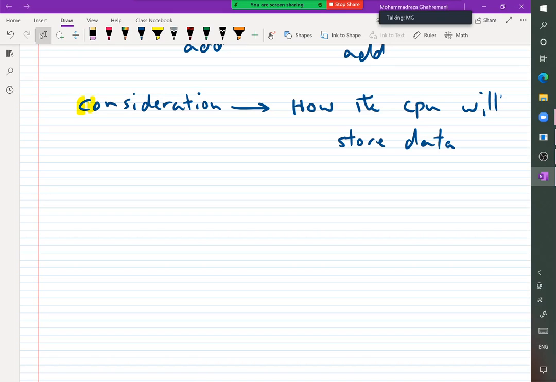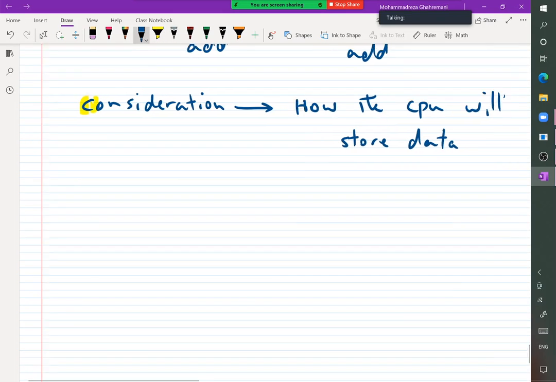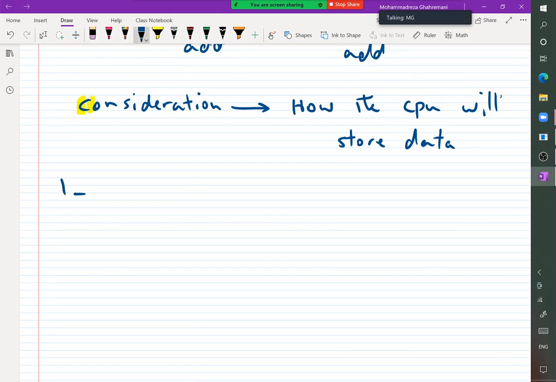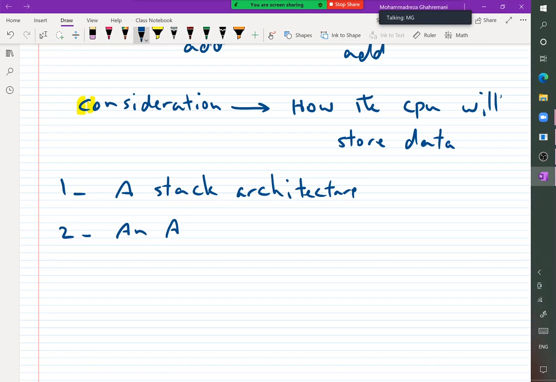There are three different choices. The first choice is a stack architecture. The second choice is an accumulator architecture.